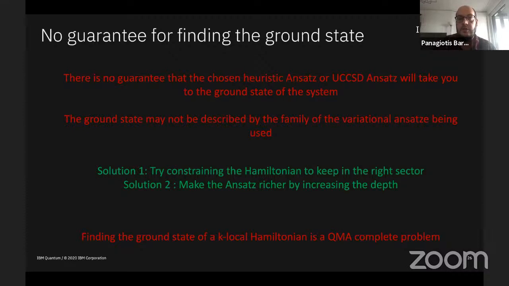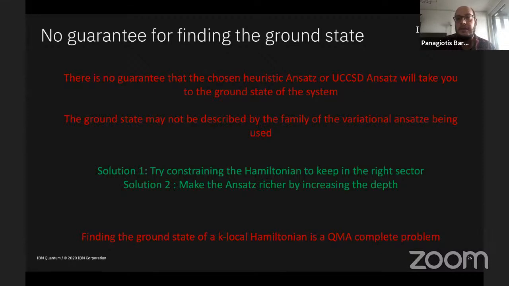For this, the solution that we can propose is that you can try to constrain the Hamiltonian to keep it in the right sector, or try to increase the depth of the ansatz, as I said, increase the d. In general, finding the ground state of a k-local Hamiltonian is a QMA-complete problem, as demonstrated in the literature.